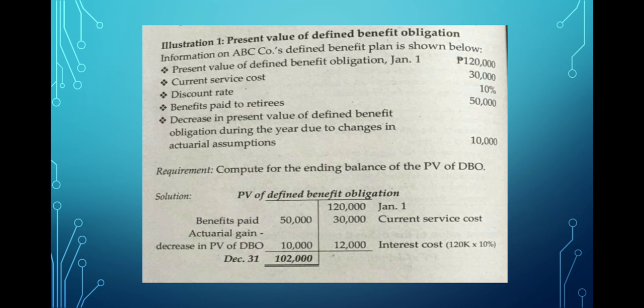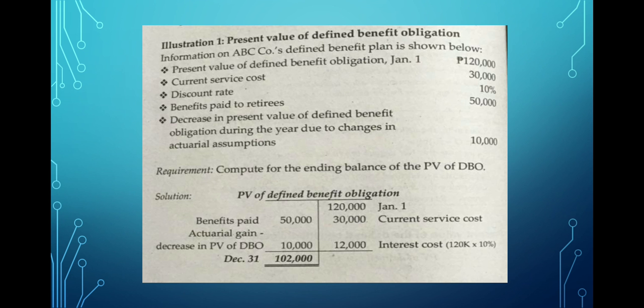So again, we have an illustration because of what we talked about earlier. This is an example of the present value of defined benefit obligation. Information on ABC Company's defined benefit plan is shown below. Present value of defined benefit obligation on January 1 is 120,000 pesos.